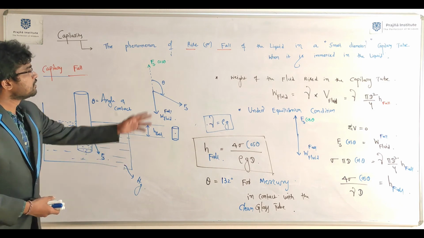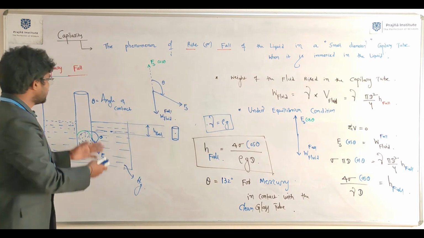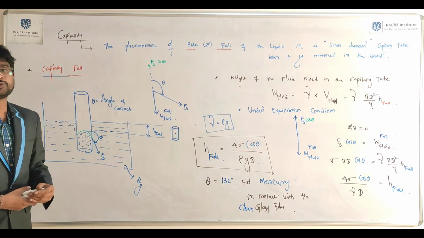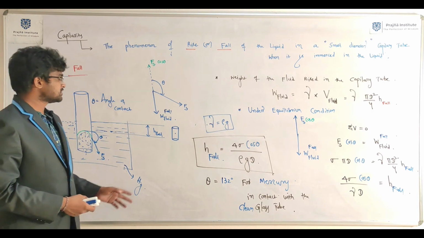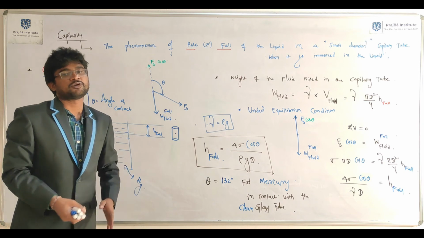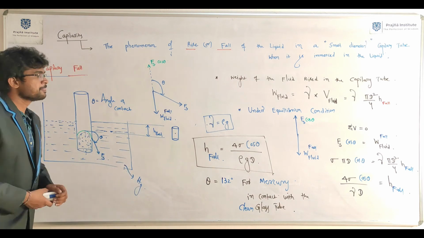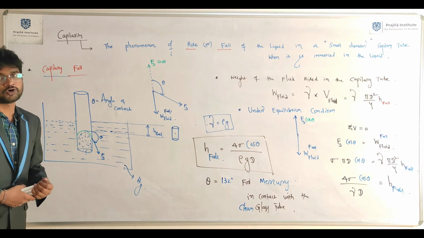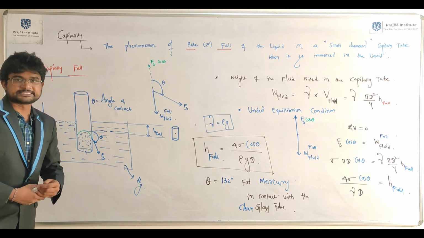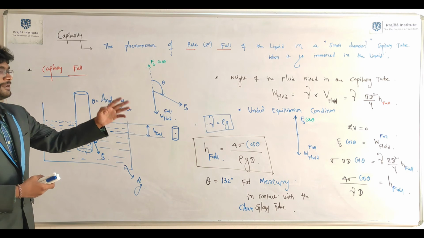But here, capillary fall is when a tube is immersed in the mercury. So this is the capillary fall case. You determine the magnitude of H rise and H fall in two different cases. Okay, so now you can solve some problems on properties of the fluids. This is all about capillarity.